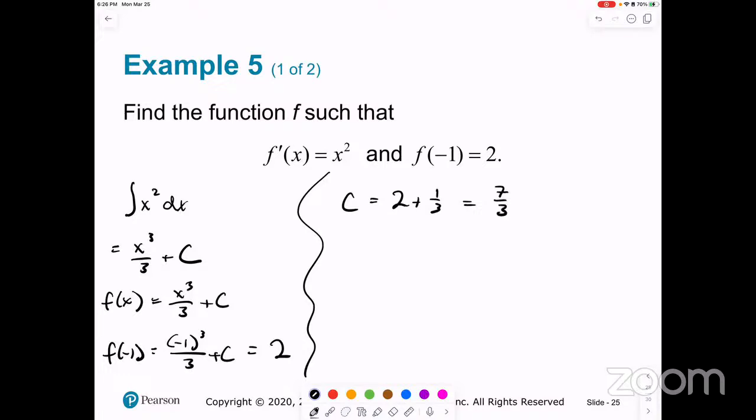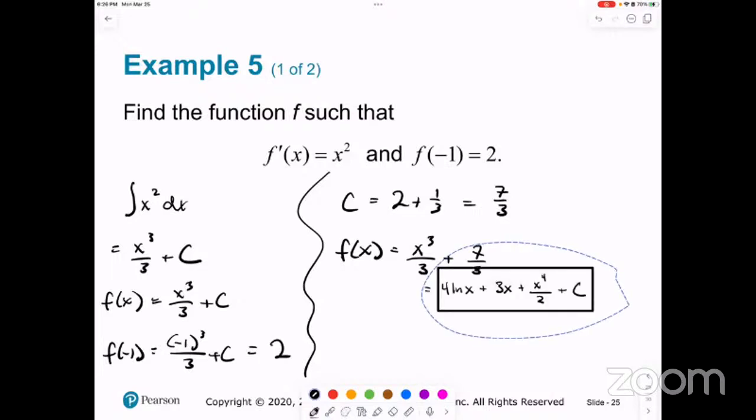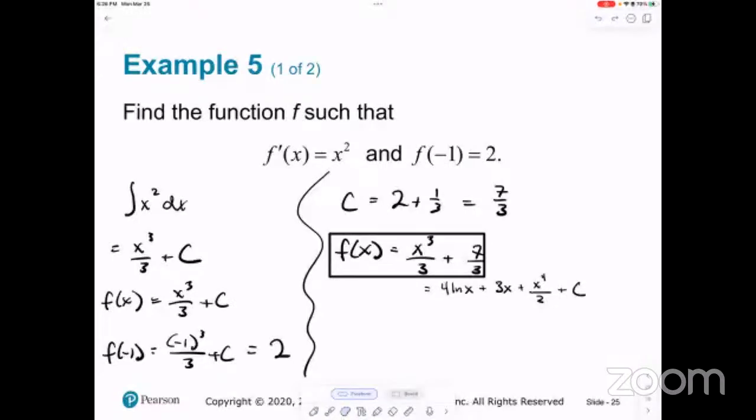So then it looks like our function takes on the form x cubed over 3 plus 7 over 3, right? Let's go like this. I want to copy.